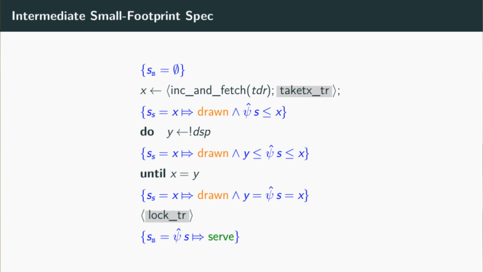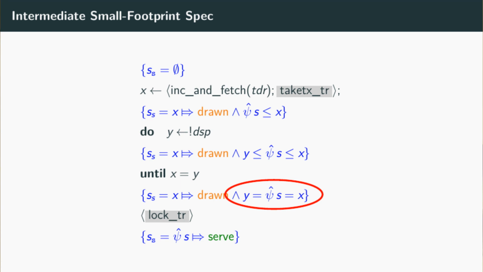Taking ticket results in self state that contains a waiting ticket and bounds the display from above, while in the loop, the last thread value of the global display is stored in Y and bounds the actual global display from below. If the loop terminated, this ticket is being displayed. Finally, lock transition updates the ticket to serve.